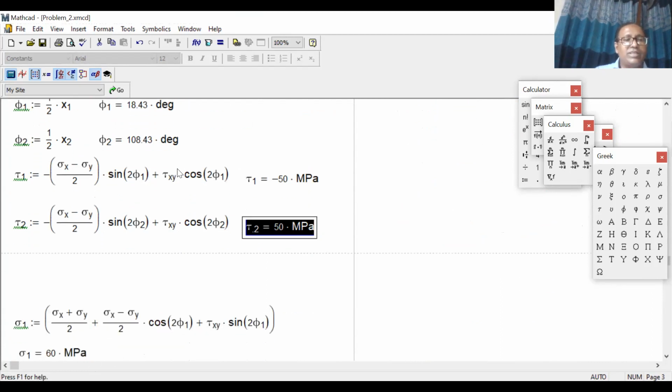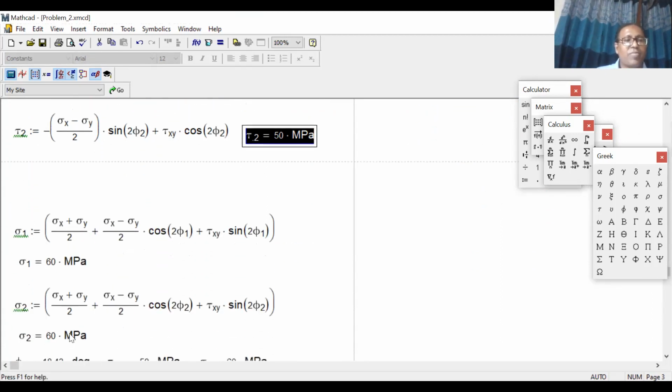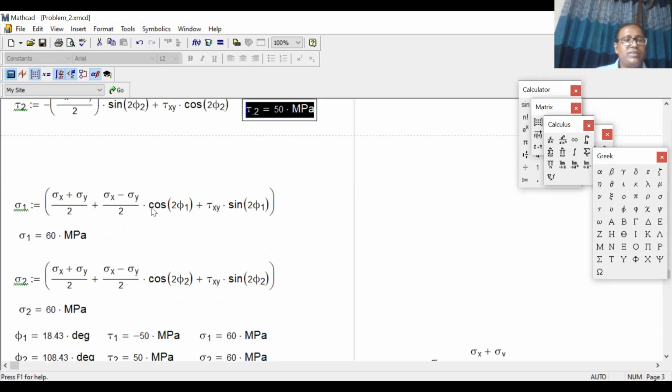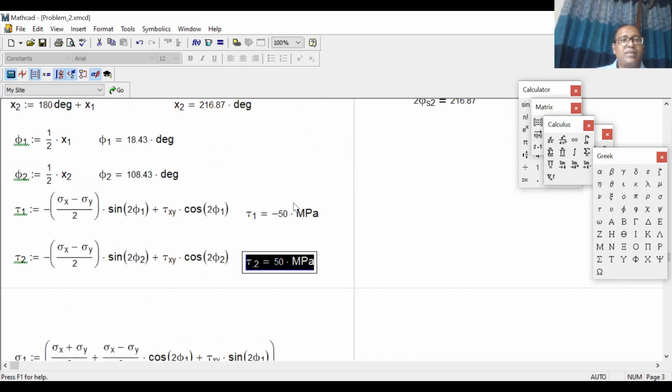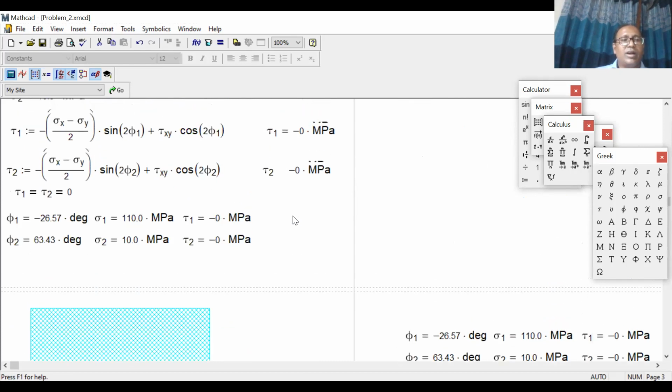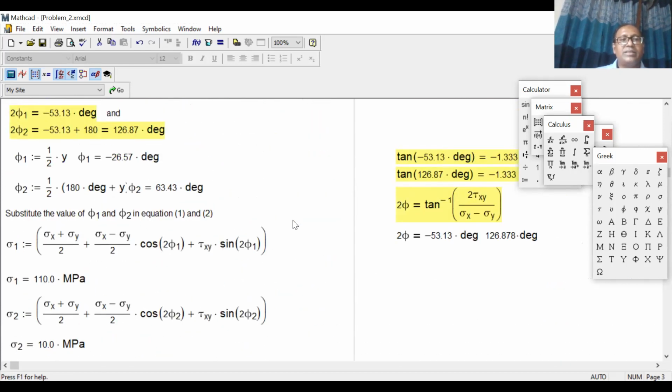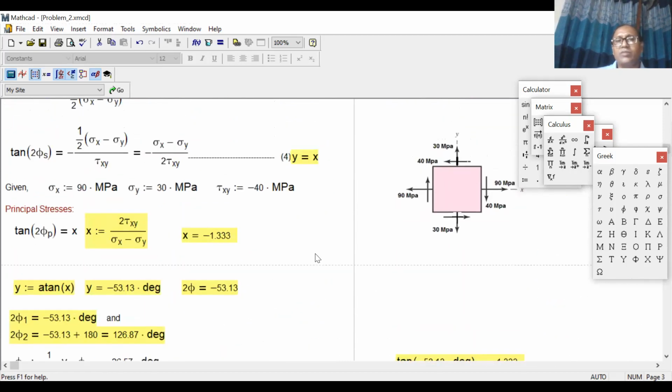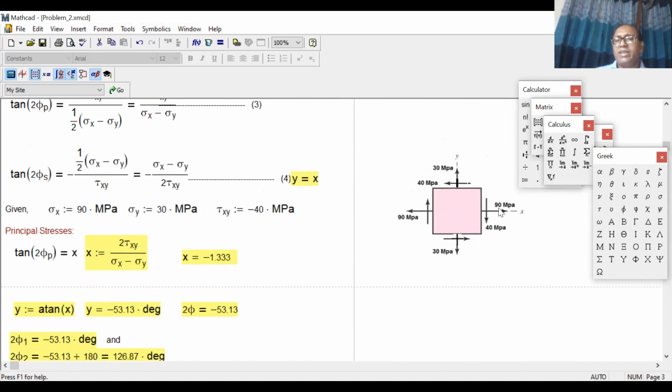And what is the sigma 1, sigma 2? You put that formula, you got sigma 1, sigma 2. You see, both angles you put, you got 60, only 60. Why? Our sigma x equal to 90 and sigma y 30. Look right over here. Sigma x 90, sigma y 30. 90 plus 30, 120, divided by 2, 60.